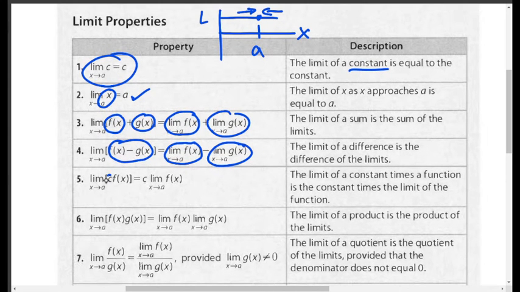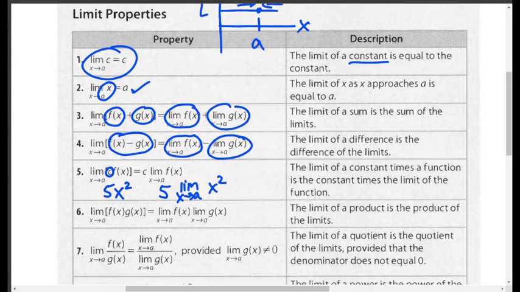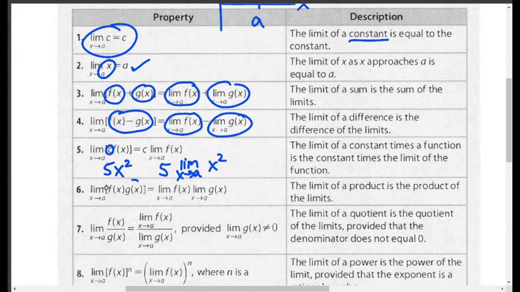If you have a function with a constant in front of it, like 5x squared, for example, 5 is a constant. I could take the constant out, 5, and then find the limit as x approaches a of x squared. I can do that too. If I'm multiplying two functions and finding their limit, I could find the limit of each function first and then multiply the results.